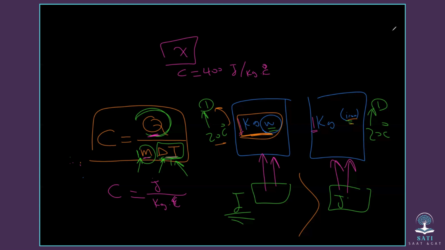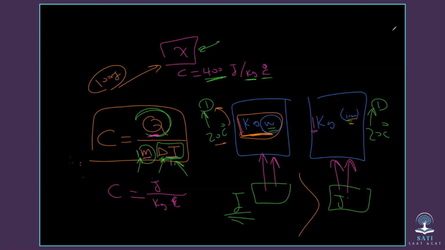It means we need 400 joules as energy to increase the temperature of 1 kilogram of the substance by 1 Celsius. Okay, if we give this substance only 100 joule of energy, what will happen?